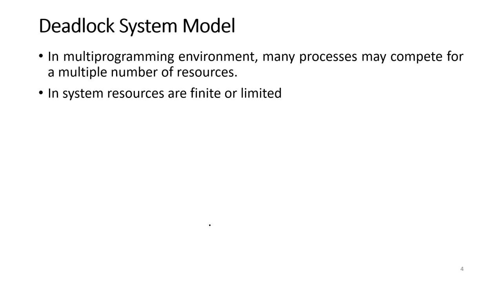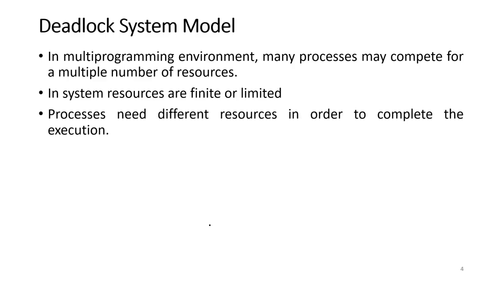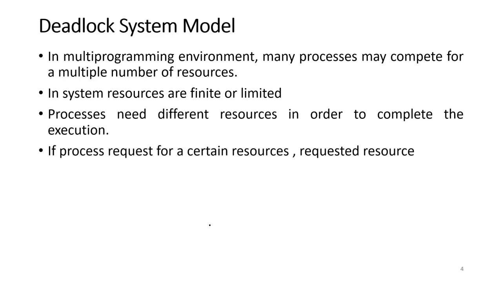And we know that the resources available in the system are finite or limited, where processes need different resources in order to complete the execution. In this scenario, if a process requests certain resources, then the requested resource may not be available or it is held by another process.